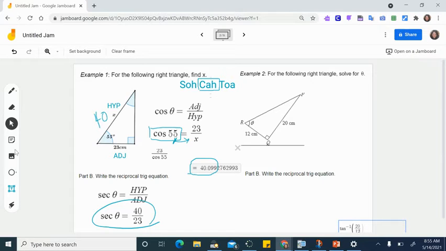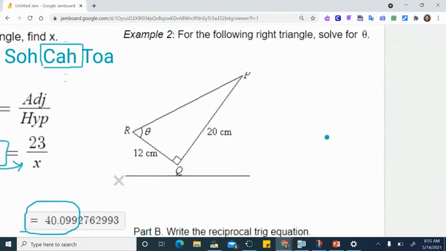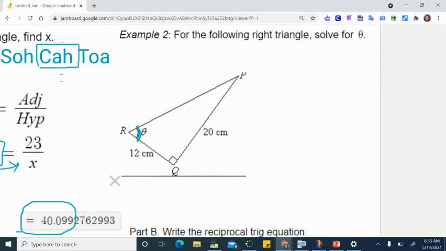The first thing to remember is that we've got to label everything. So this is the opposite leg. This is the adjacent. Since it's O and A, now we know we're going to be using tangent.